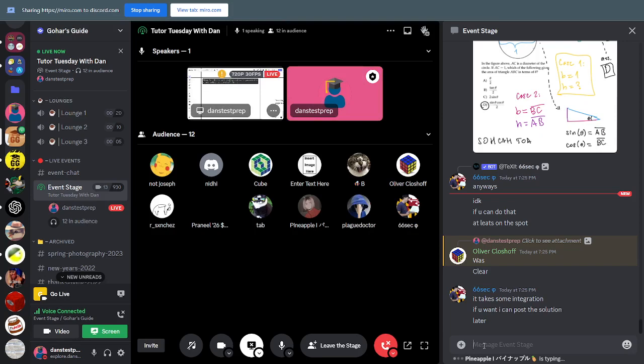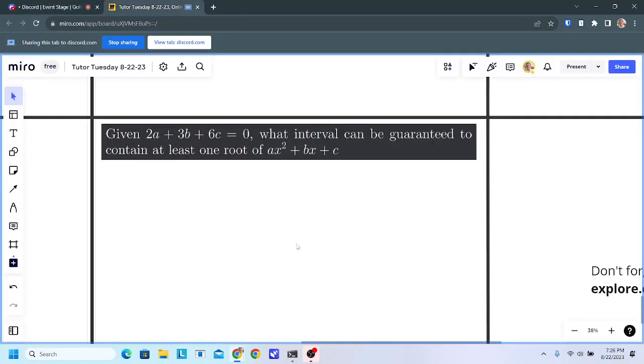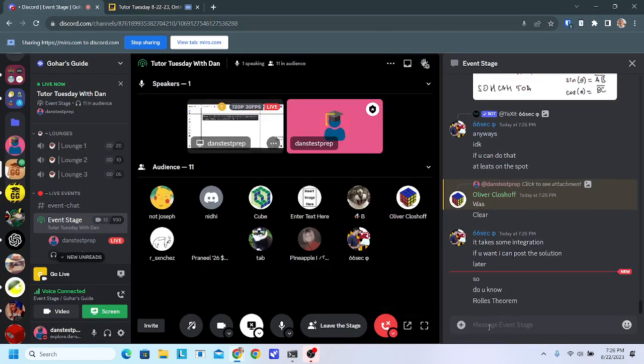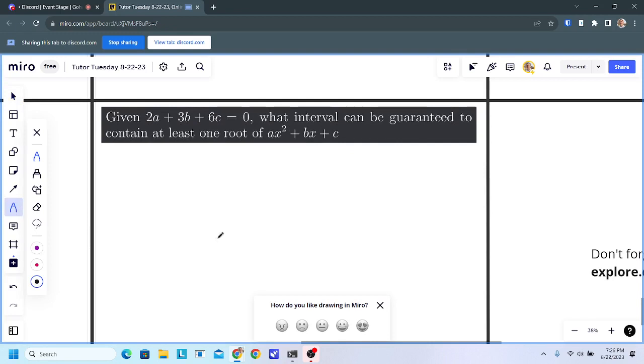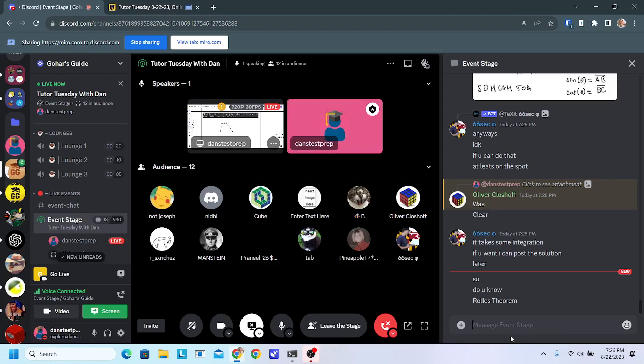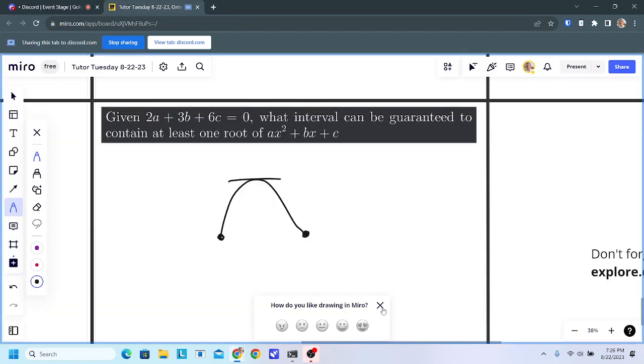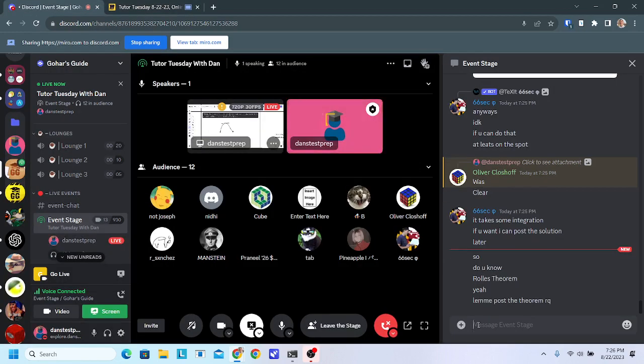Or give me a hint. Rolle's theorem. It's kind of been a while since I took calculus. Is it the one where you have 2 points equal to each other and it passes through, it has at least a 0 on the way back there? Nice. Yeah, these are kind of tough.